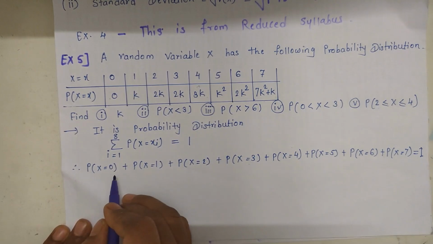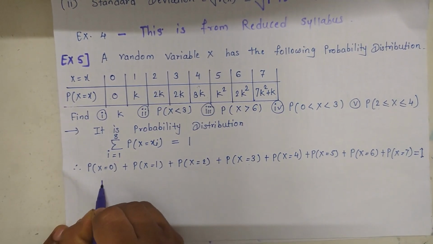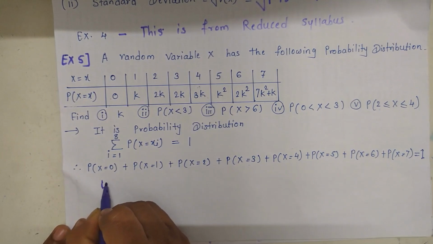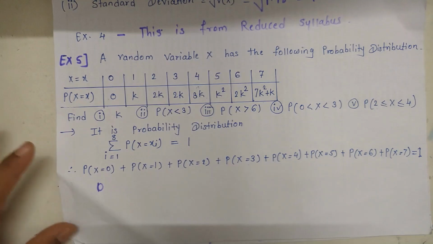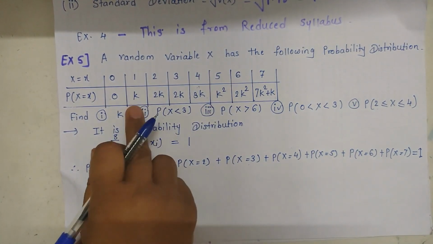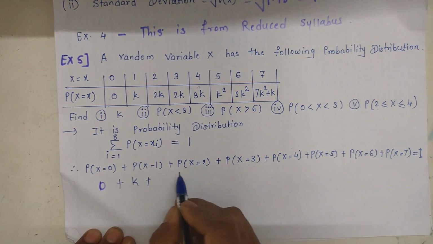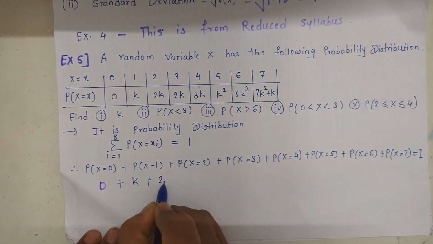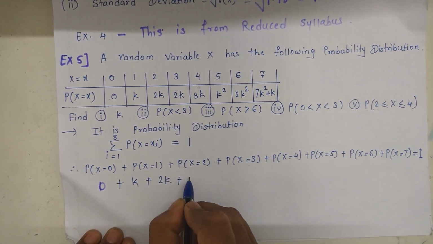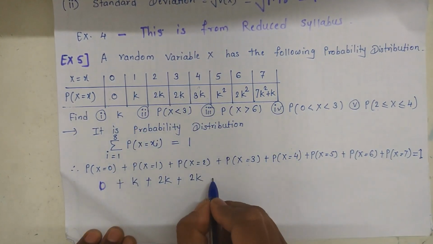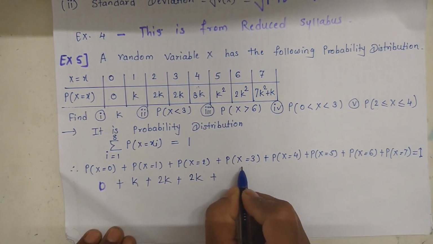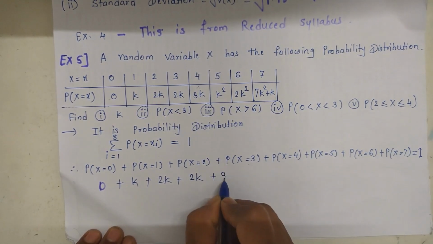Probability of x is equal to 0 is given as 0, which is given in the example. Probability of x is equal to 0 is equal to 0 plus probability of x is equal to 1, which is k, probability for x is equal to 2 plus 2k, probability of x is equal to 3, also 2k in the given table, plus the next probability, probability of x is equal to 4, 3k.